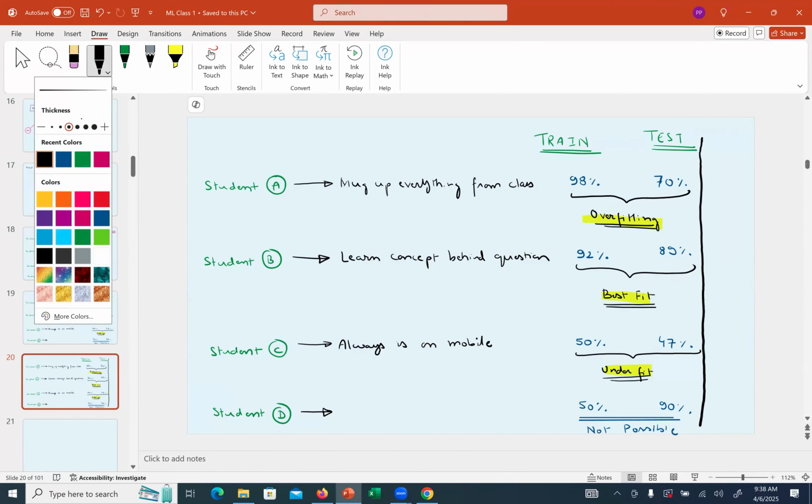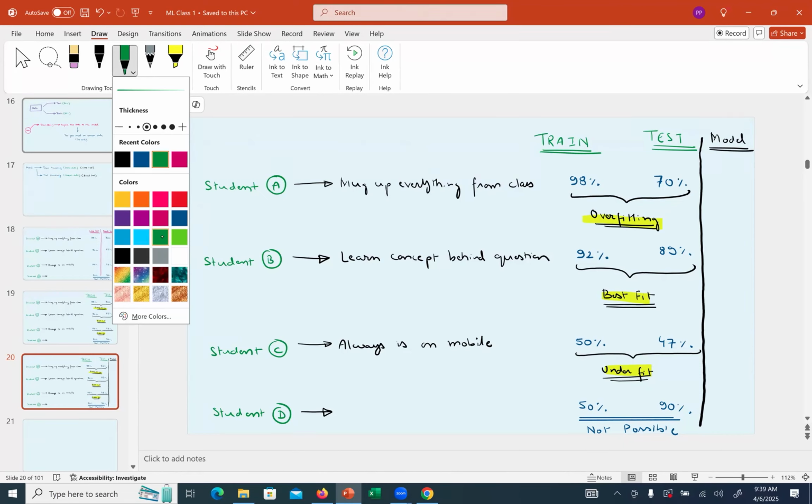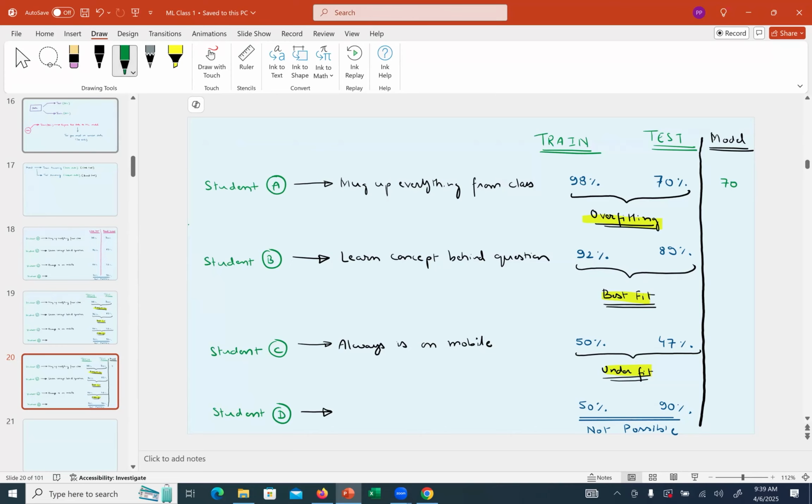So if I ask what is my model accuracy, it is not the average of these two, and not the training data accuracy. Model accuracy is simply the accuracy on our unseen data, that is our test data. So here the model accuracy is 70%. Here the model accuracy is 89%.